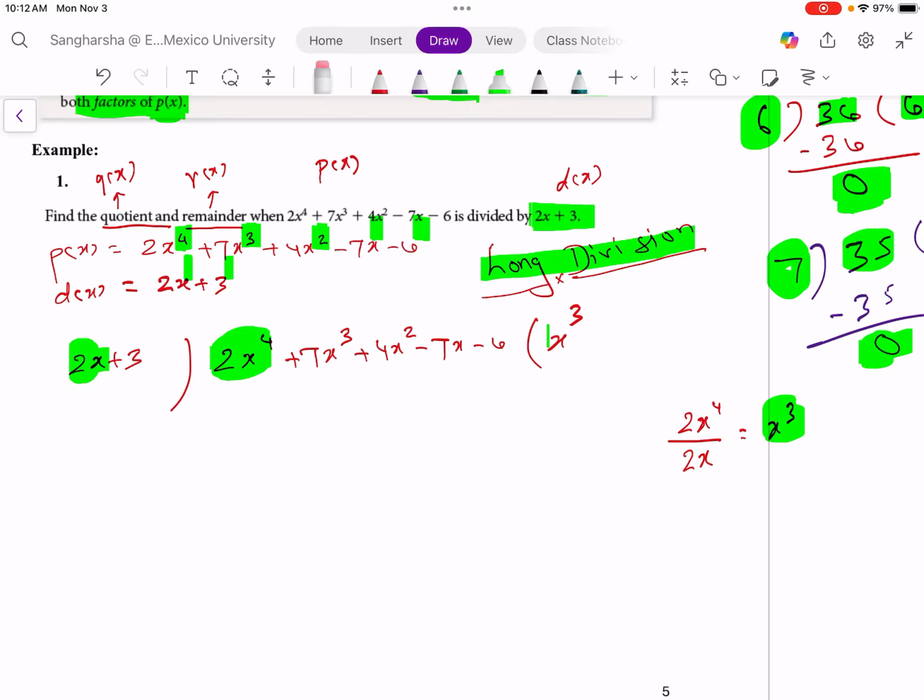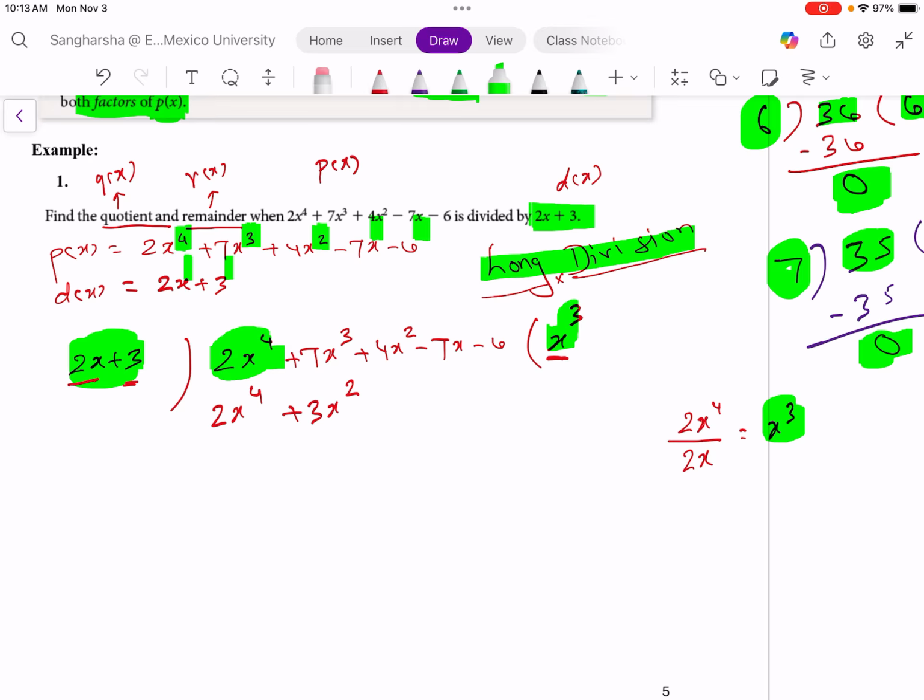Now next, we multiply this quotient by every term of the divisor, x cubed by every term of the divisor, and write it down below this polynomial. So x cubed times 2x is 2x to the power 4. x cubed times positive 3 is positive 3x squared.